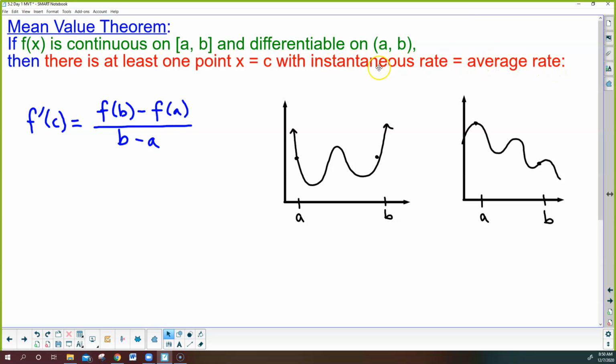Or another way to say instantaneous rate of change is the derivative. The derivative is equal to the average rate of change. So this is the work we're going to be doing, and you know how to find slope. You also know how to find the derivative, so we're just comparing the derivative to the slope, and then we're going to solve using algebra.